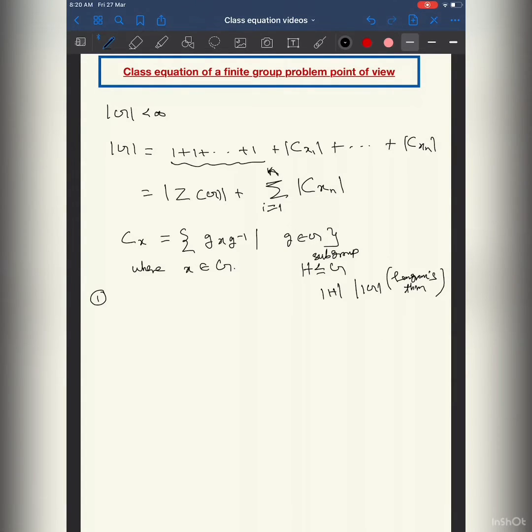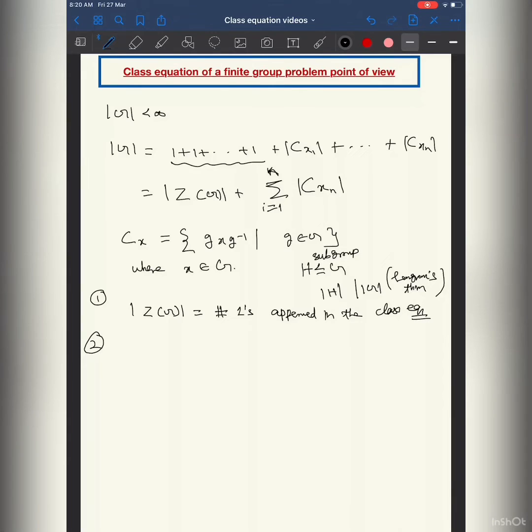It's very important to us, and I'm going to use it again and again later without mentioning it further. So the first thing to observe is that the order of the center is the number of ones that appear in the class equation.